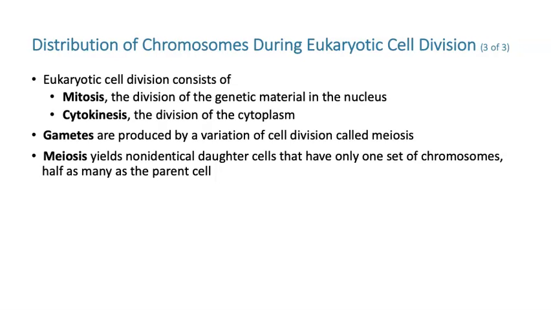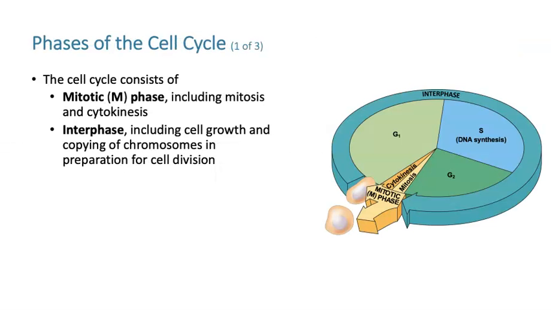So let's start to take a look at what happens in the cell cycle. I've been alluding to the cell cycle for a few minutes now. And this is a good picture of the cell cycle. I like this. Looks like a pie chart, right? The cell cycle is divided into two basic phases.